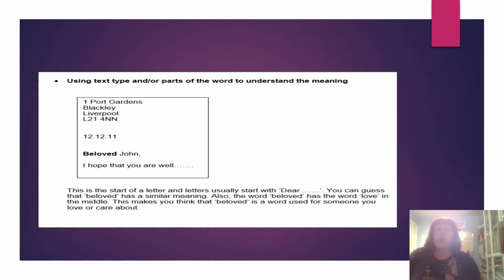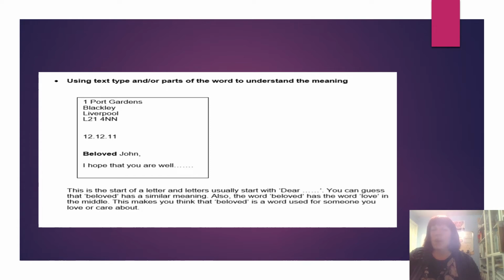You might also want to have a look at particular words and think about, how do I work out what they mean? So on your screen there's a start of a letter. And what do we always start a letter with? Yes, the word dear. But it doesn't start the letter off with the word dear. It says, beloved John.